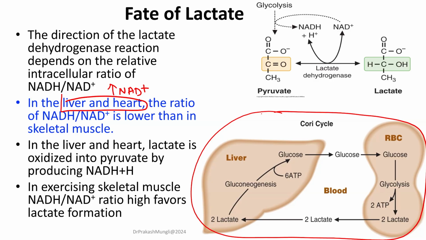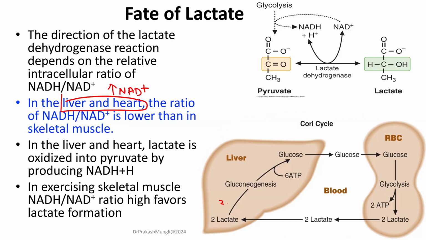Lactate comes out into the blood, and the liver takes that lactate, converting it into pyruvate, and the two pyruvates which are made from lactate will be converted to 1 glucose. 2 lactate will be converted to 2 pyruvate by reversing the reaction because of that NADH-NAD ratio. 2 lactate to 2 pyruvate, and these 2 pyruvate will go into a glucose molecule using 6 ATPs. This happens in the liver.